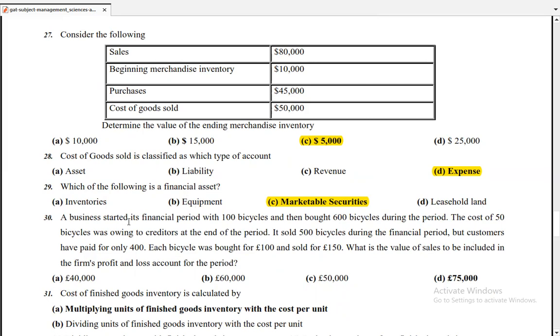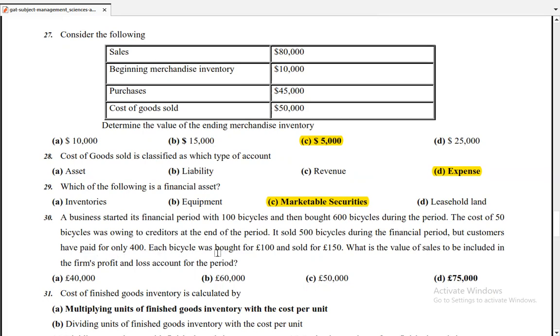Now a business started its financial period with 100 bicycles, then bought 600 bicycles during the period. The cost of 50 bicycles was owing to creditors at the end of the period. It sold 500 bicycles during the financial period, but customers have paid for only 400.